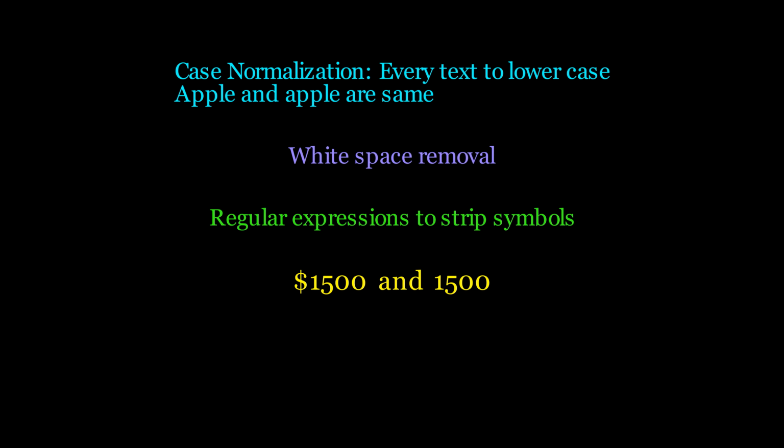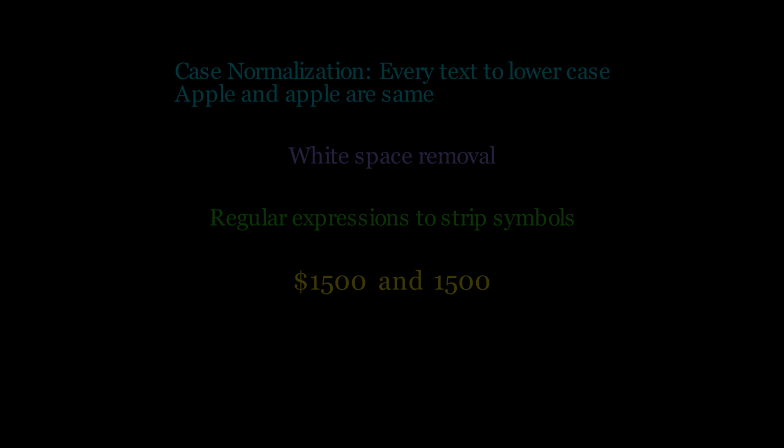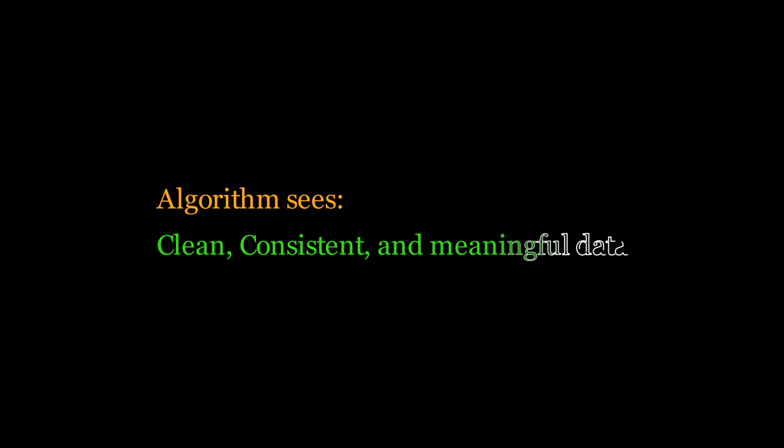For example, we can ensure that $1,500 and 1,500 are both treated as the same numerical value. Finally, we ensure every word and format follows a universal rule. By following these steps, we ensure that the algorithm sees exactly what we see: clean, consistent, and meaningful data.